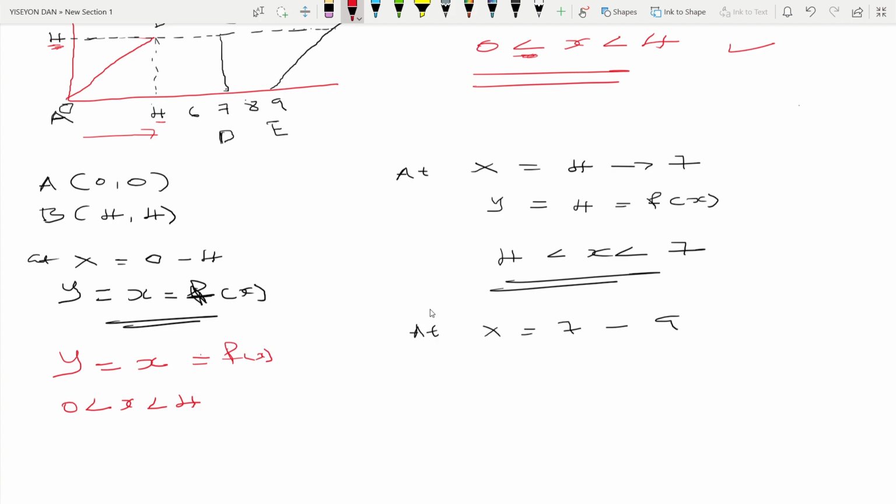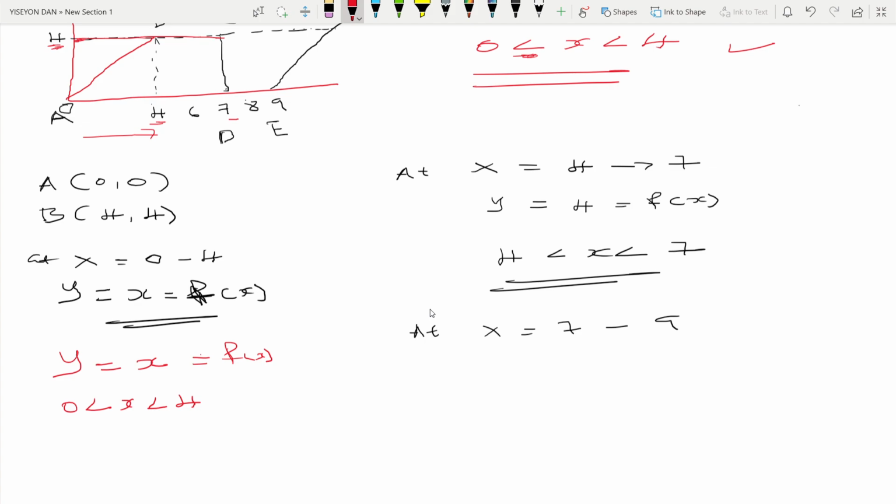Now secondly, we want to move from point 4 to point 7, this region to this region. If you look at it very well, you see that the value for y is constant from here down to this point. So y remains the same, y remains 4.